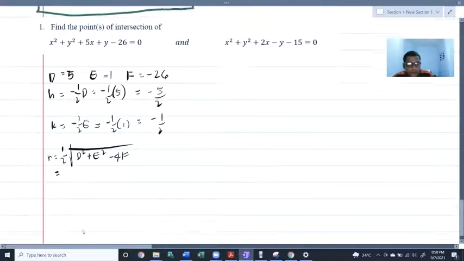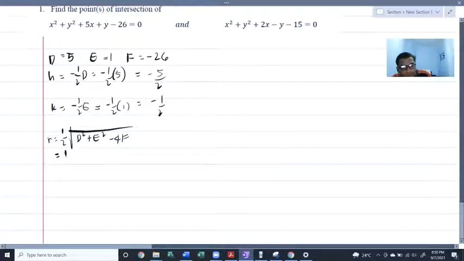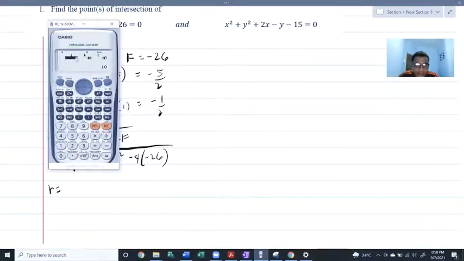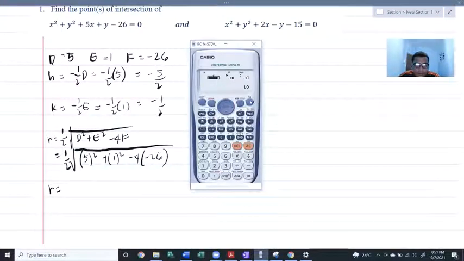And we have 1/2 times the square root of 5 squared plus 1 squared minus 4 times negative 26. Okay. So ilan bang r natin, class? Okay.